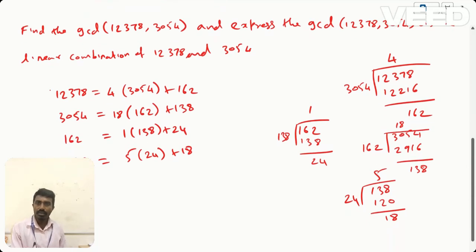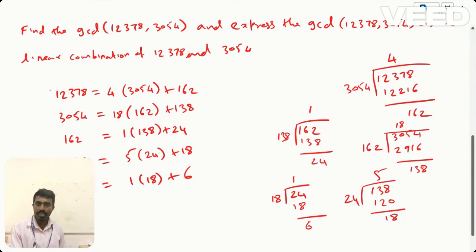Similarly, now divide 24 by 18. You get 1 as the quotient, then the remainder is 6. So 24 can be written as 1 time 18 plus 6.